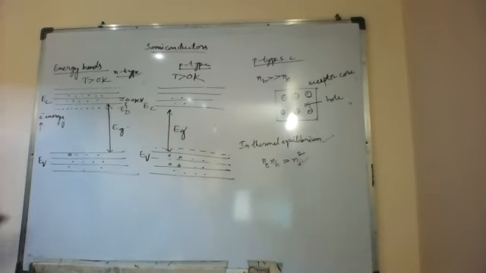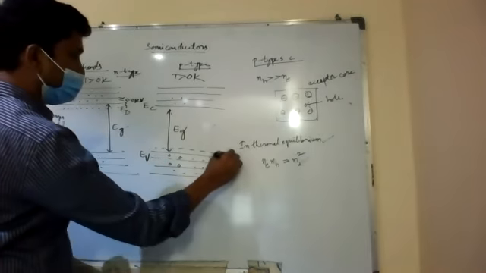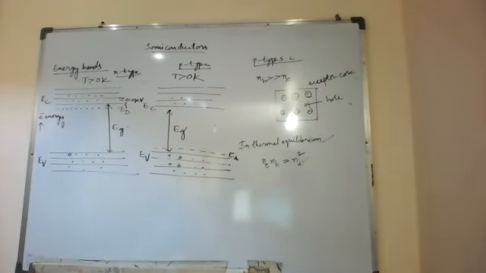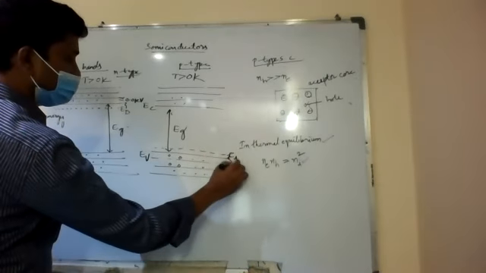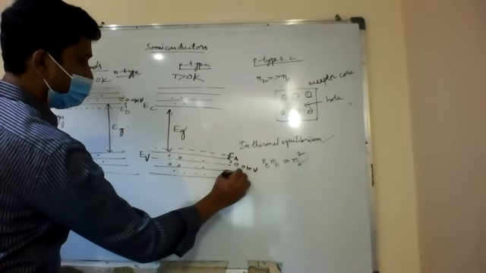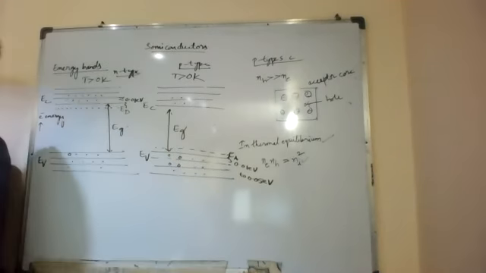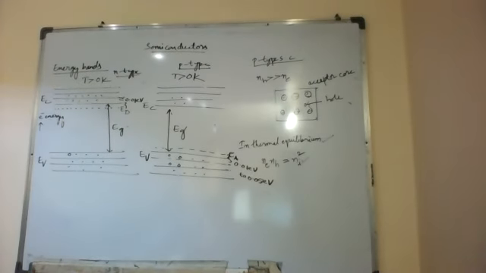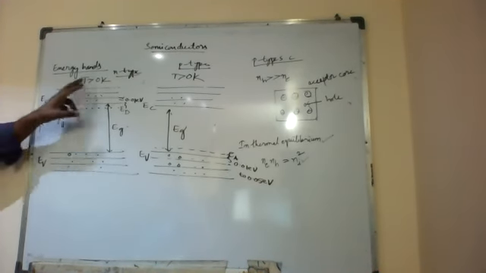Now, coming to the second one, this is the acceptor energy level, EA. That is 0.01 again. This is also 0.01 electron volt to 0.05 electron volt. Clear? 0.01 to 0.05. So now what is happening? This is for N-type and this is for P-type.